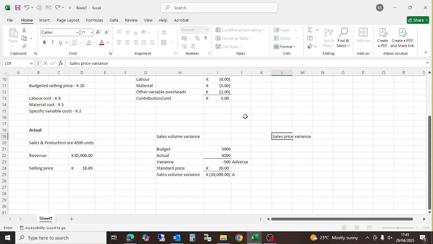Were you comfortable before or are you more comfortable now? No, I'm very comfortable now. I never understood this sales volume variance calculation and how to interpret it. But this time around, I'm very comfortable, especially with the very straightforward example that you have given. It now makes sense.